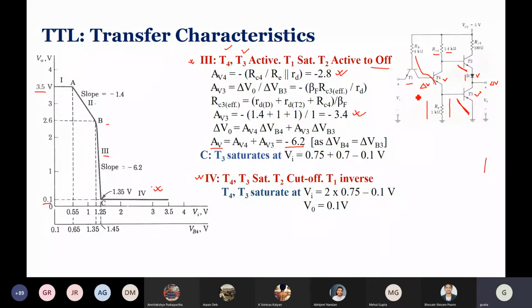As long as this voltage is less than this 0.75, this input voltage 1.5 is increasing, and when it is driving in this direction, this voltage is driving in this direction.